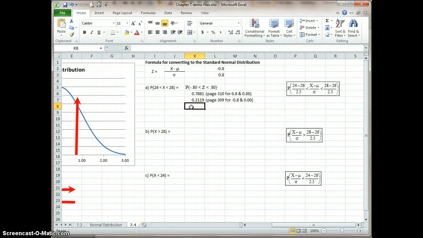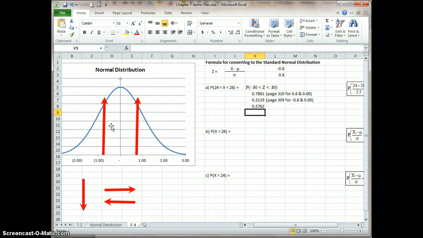Once I have those two numbers, I could go equal to the probability of everything to the left of 0.8 minus everything to the left of minus 0.8. Notice on the top of page 309, it's giving you the probability of everything to the left of minus 0.8, and that's what we want. So I'm going to go equals K6 minus K7, for 0.5762.